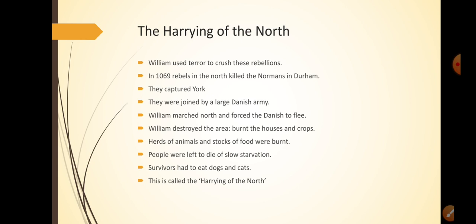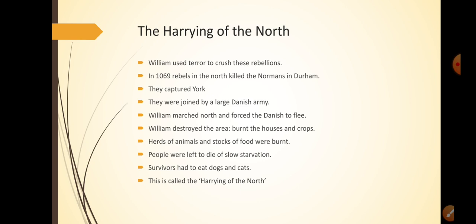We know York as one of the main centers in East Anglia. Now, there in York, they were joined by a large Danish army. So it was the Anglo-Saxons and the Vikings together fighting against William. Now, William marched north, of course, and the first thing he did, he forced the Danish to flee, so he got rid of the Viking enemy.